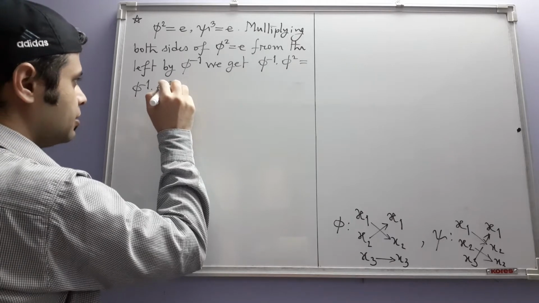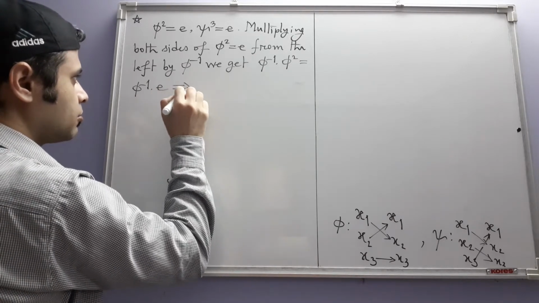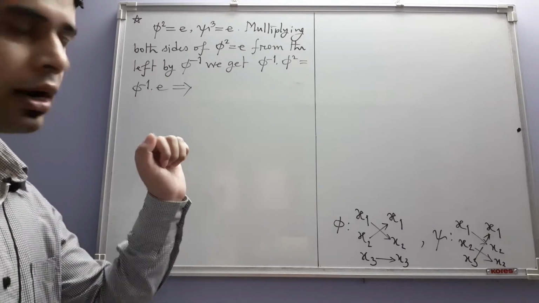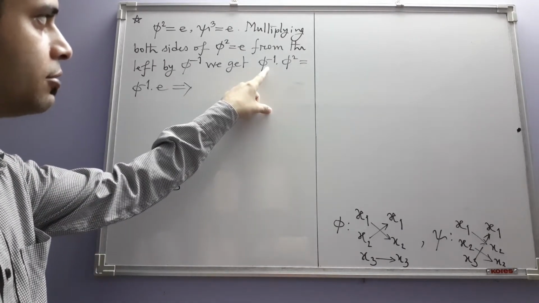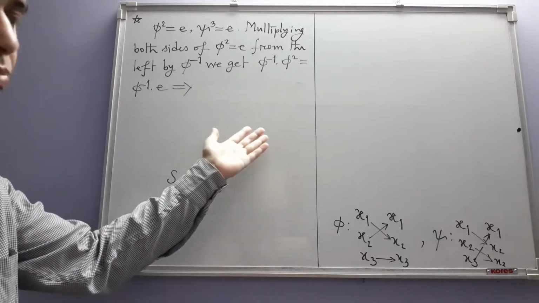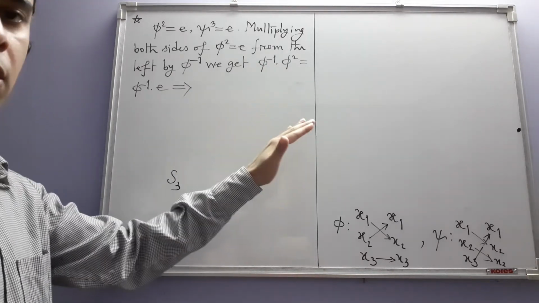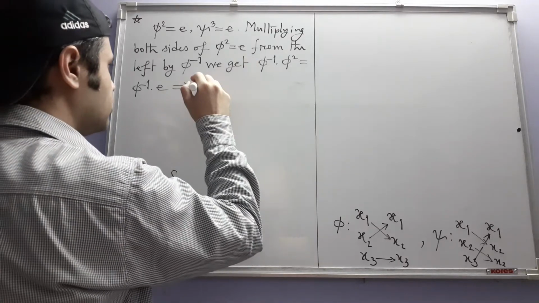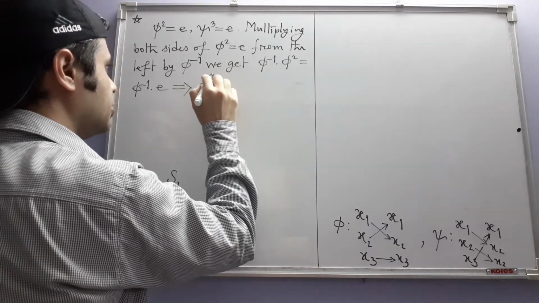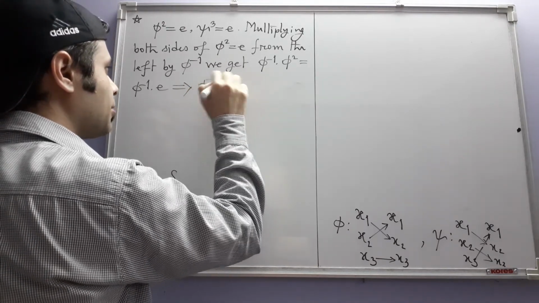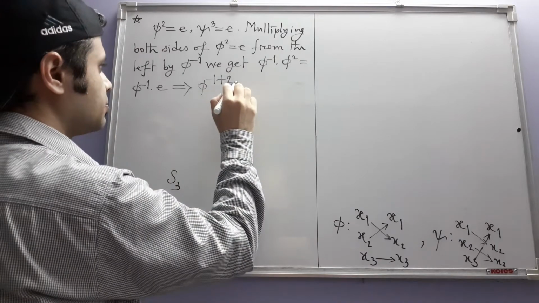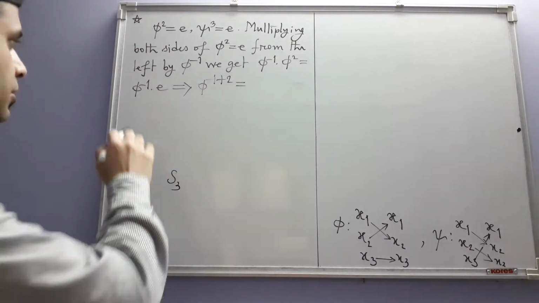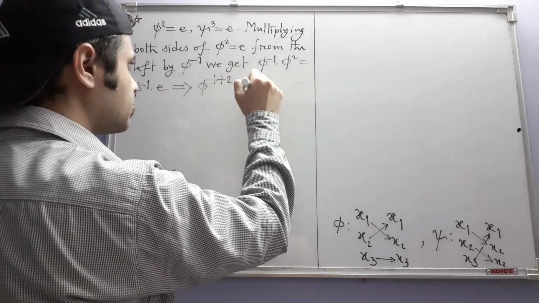Now what does this imply? Note that we have already seen in the last part that phi inverse actually is phi to the power minus 1, and we have also assumed that the rules of exponents are true. So in place of this, you can write phi to the power minus 1 plus 2, and on the right hand side, using the third condition of a group, we get phi inverse.